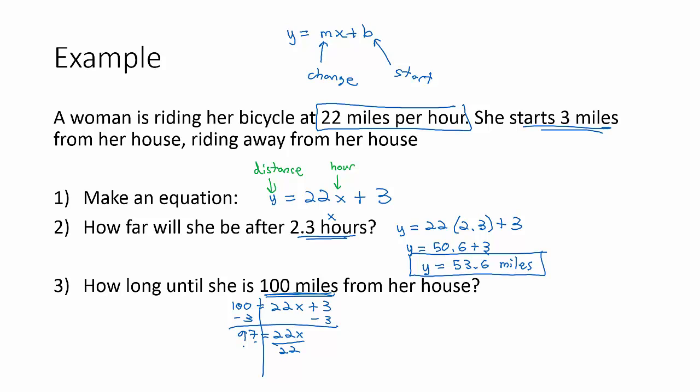Divide both sides by 22. And x equals technically the fraction 97 over 22, but you don't really talk about 97 over 22 hours, so let's get a decimal approximation. 97 divided by 22 on the calculator is about 4.41 hours. After about 4.41 hours, she will be 100 miles from her house.